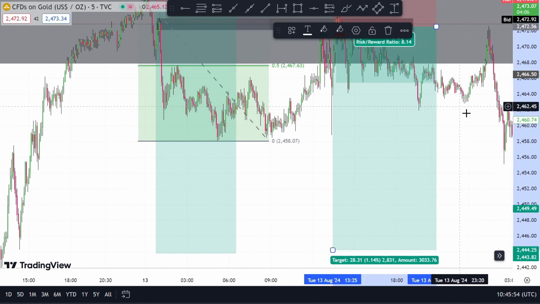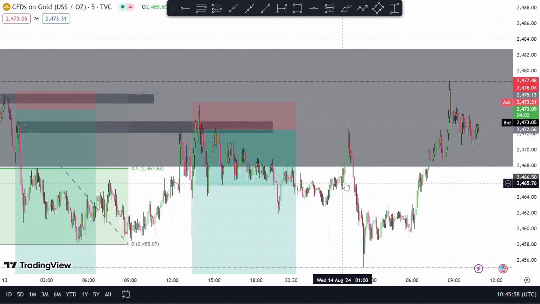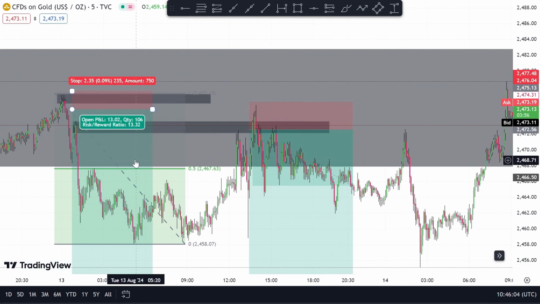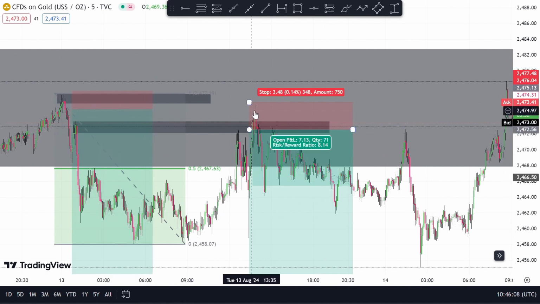Now look at what price is doing. Also here, a lot of people would think that this is already a downtrend, because you are saying this was the highest point price went to, and price came here and failed to break past that high, so this is a lower high.